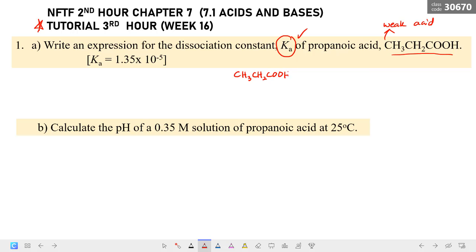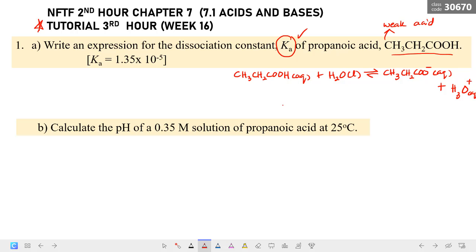So this is the propanoic acid, aqueous, dissociating slightly in water, and it will produce a propanoate ion and hydronium ion, in the aqueous phase.